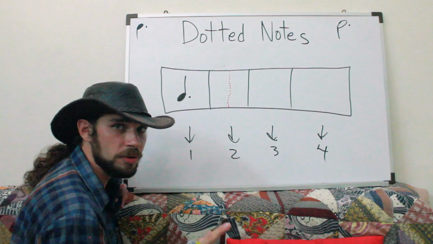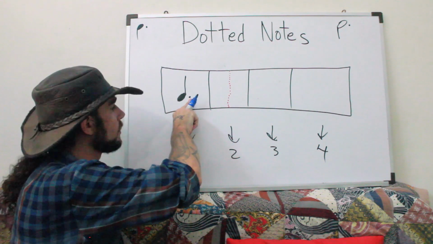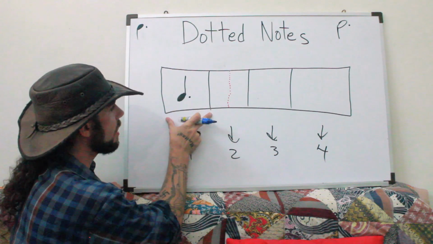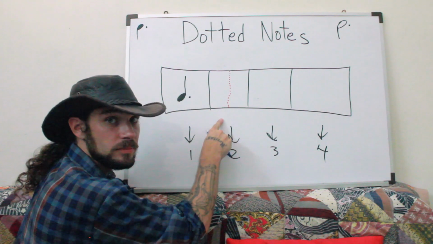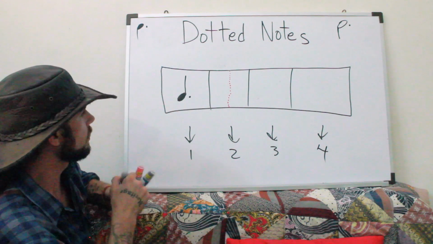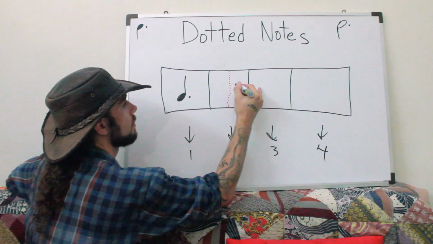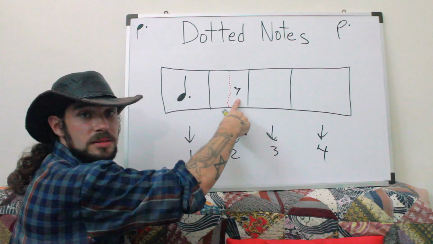So here we have a quarter note with our dotted eighth. So this is going to take up this box plus half of this box. So a very common cliche that you can see is something like this. So there's an eighth rest.